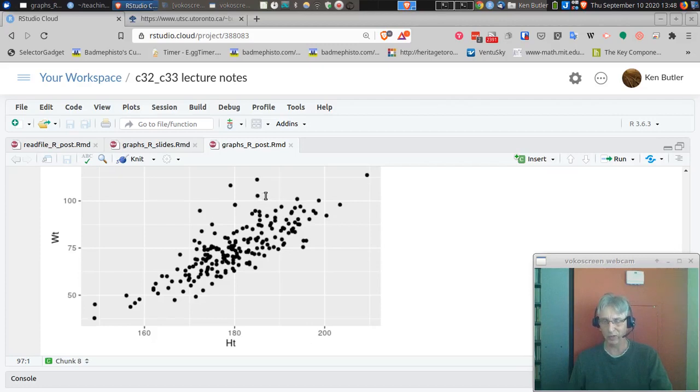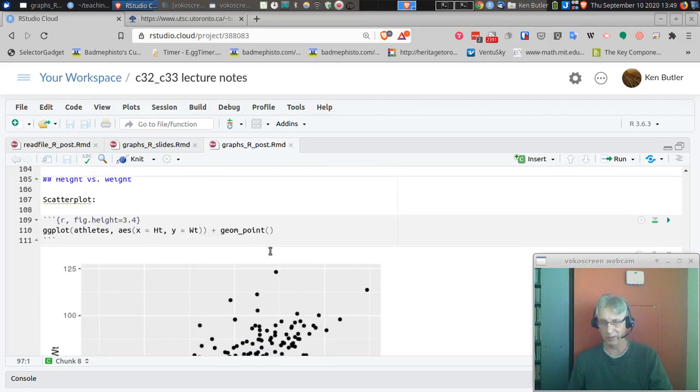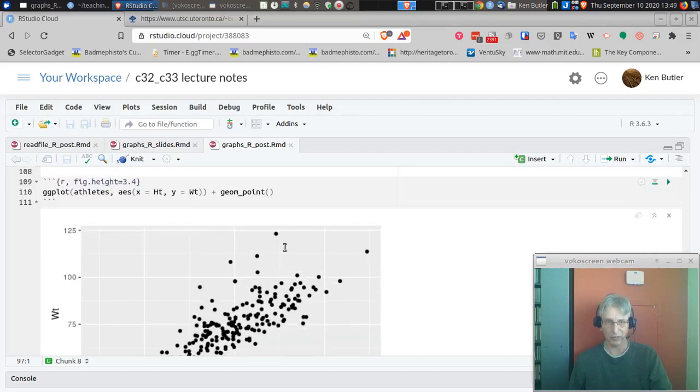And these are the big strong ones that we talked about with the body mass index. These are the shot putters and discus throwers that we were talking about before. Alright, so the code here is nothing to it. geom_point. So set up what to plot, get the axes right, and then just geom_point. This is not very exciting.